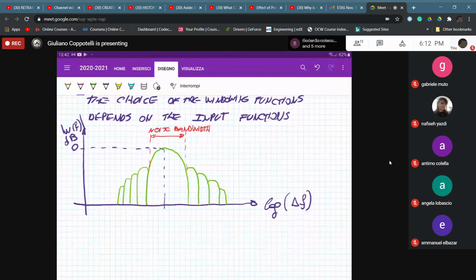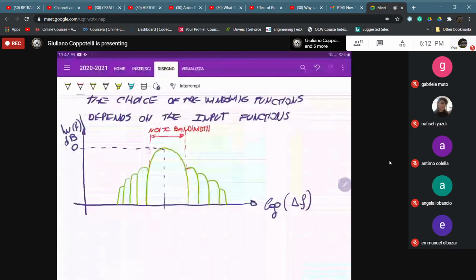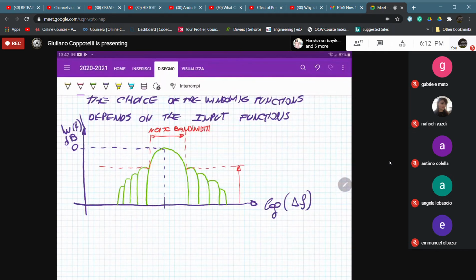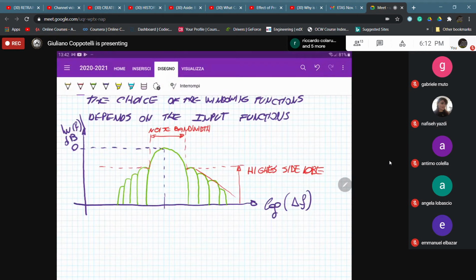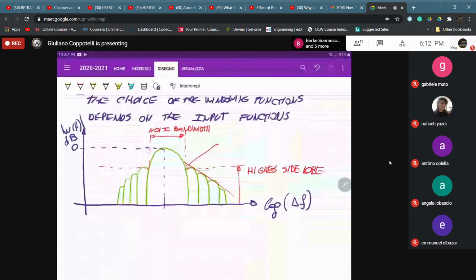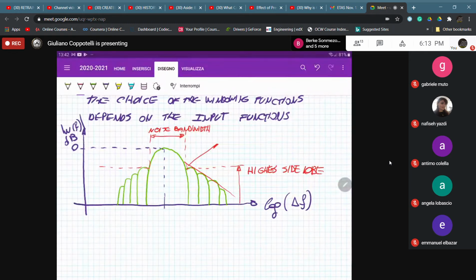Then we have the value here, and that is called the highest side lobe amplitude. Lobe because we have many lobes. And we have what we call the side lobe fall off.